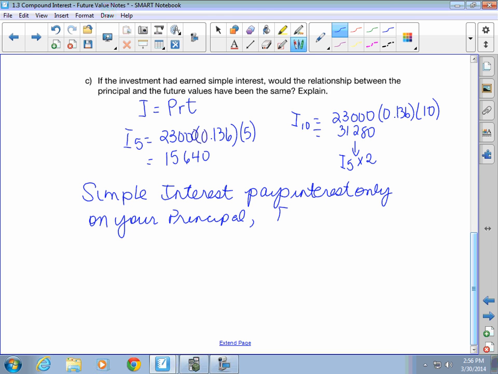Whereas future value pays interest on the interest earned every year. So simple interest is going to be less because you're not compounding anything on that interest that you've earned on your investment.